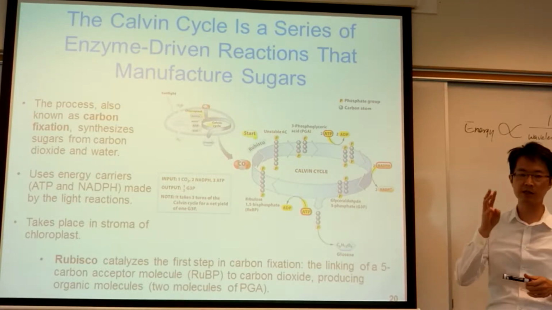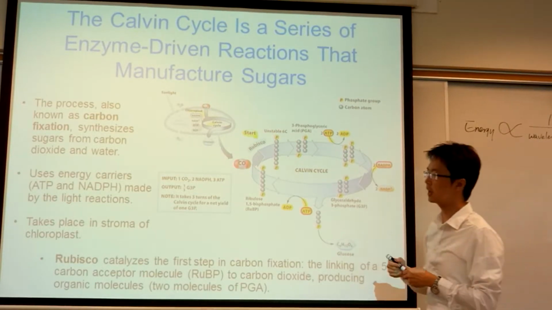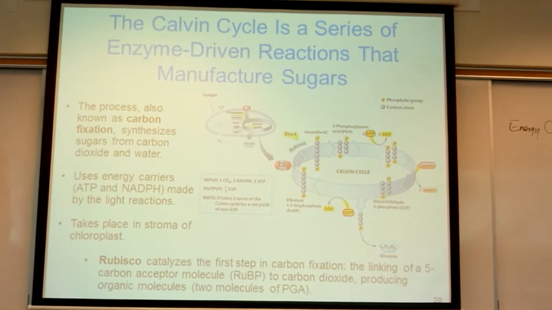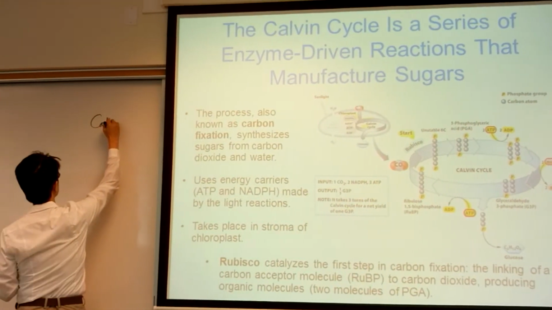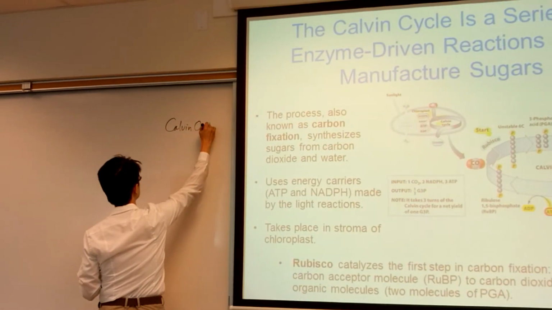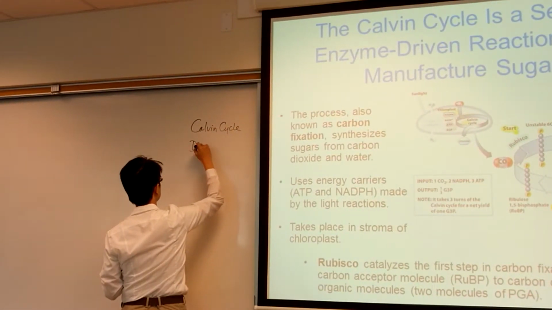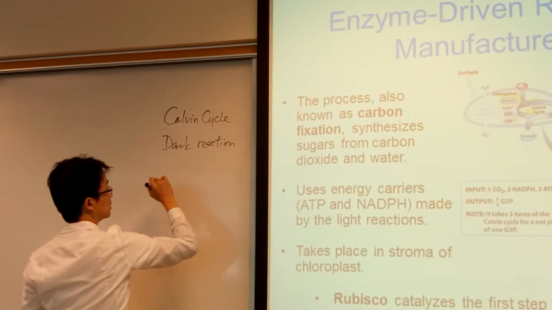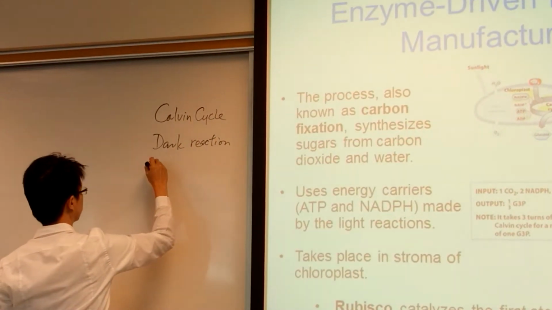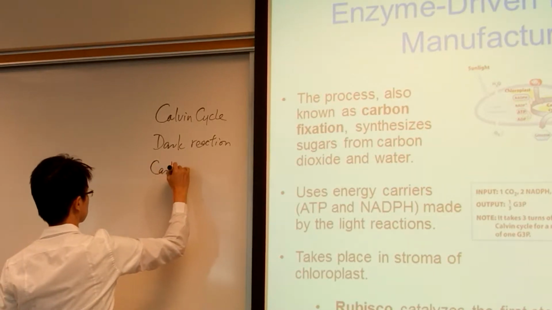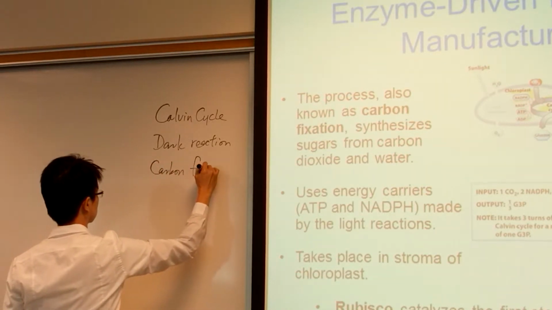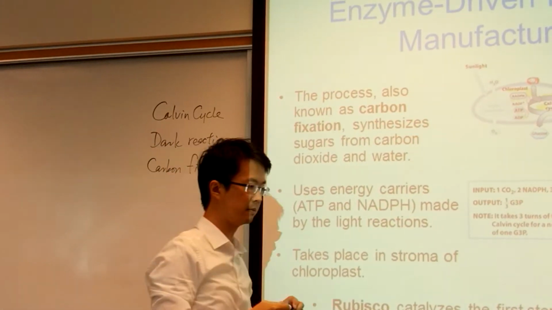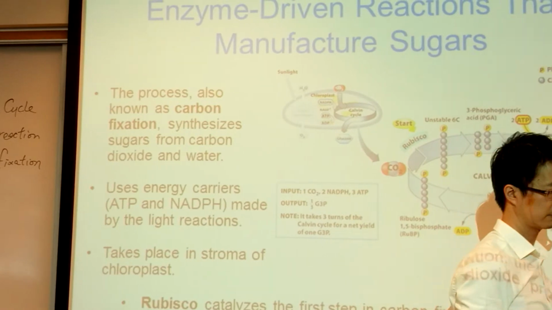Calvin cycle actually has three names. We're going to call it the Calvin cycle. Some people call it dark reaction, or they call it carbon fixation. So three names, they describe the same process.